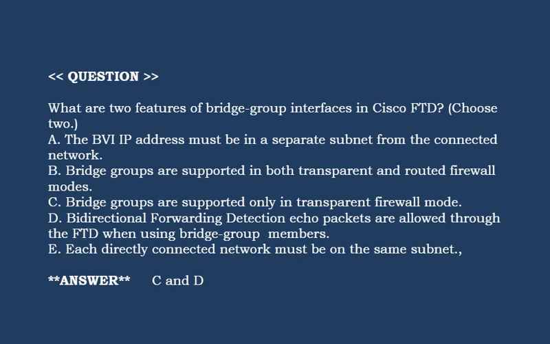Option C. Bridge groups are supported only in transparent firewall mode. Option D. Bidirectional forwarding detection echo packets are allowed through the FTD when using bridge group members. Option E. Each directly connected network must be on the same subnet. Correct answer is option C and option D.